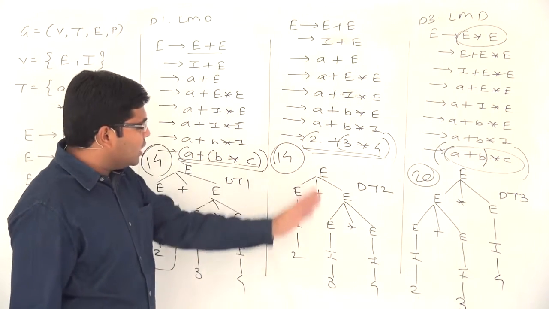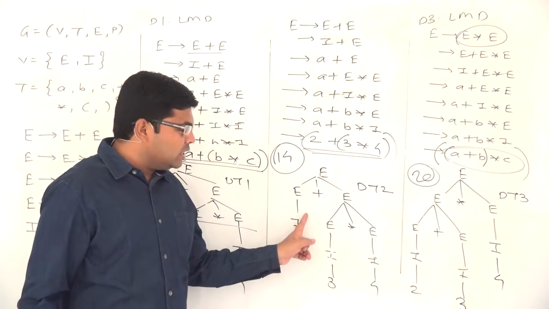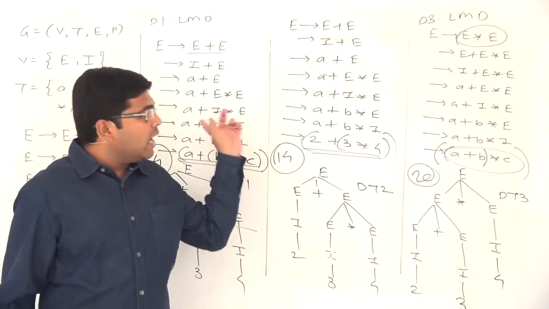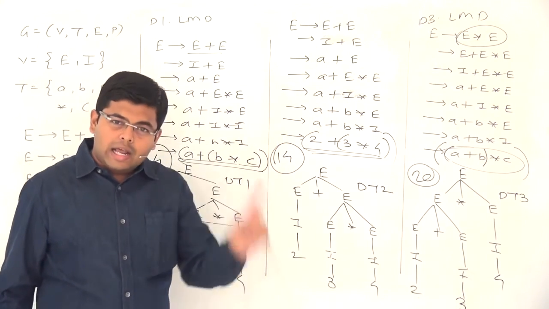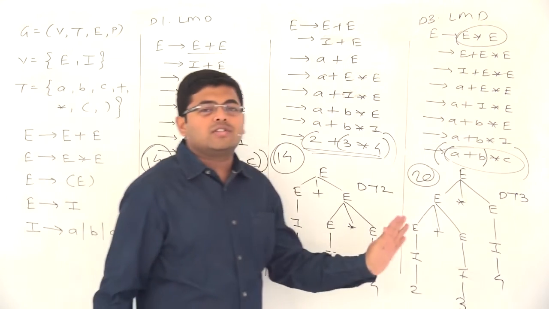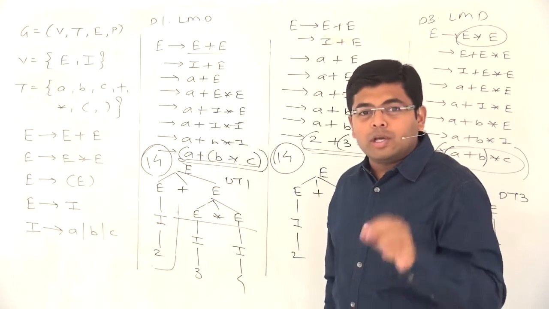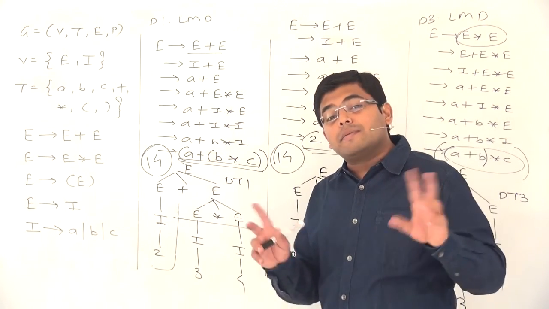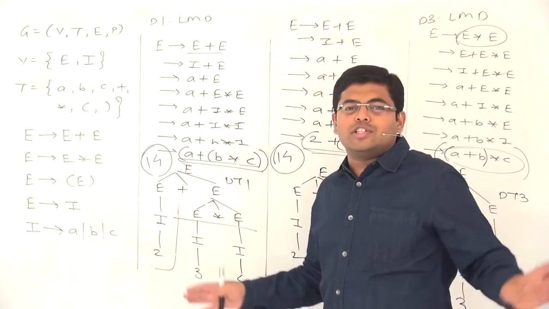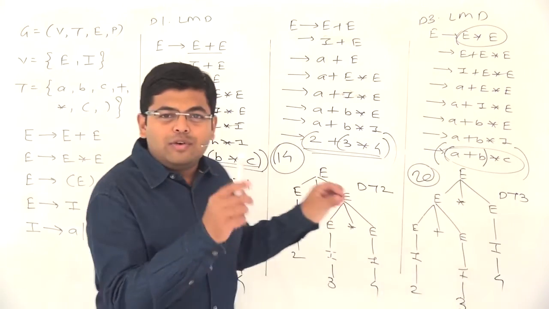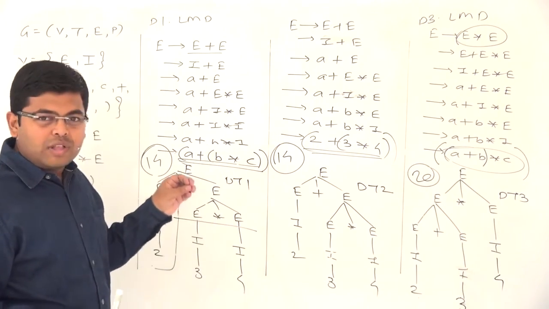You get different trees, different LMD, different RMD, different structures, different values, because we are applying different precedences. Precedence itself is not clear, that is why ambiguity is present in this particular grammar.